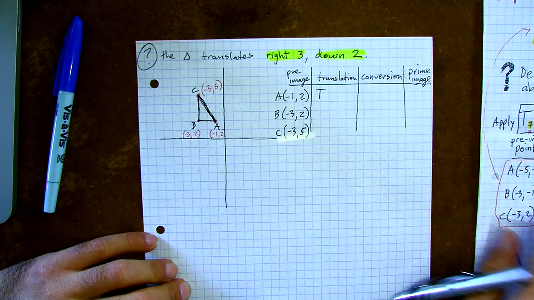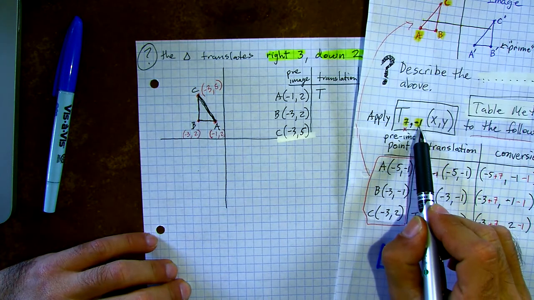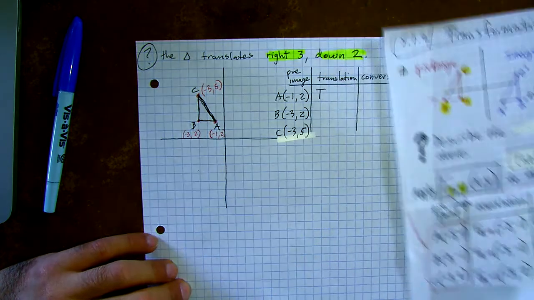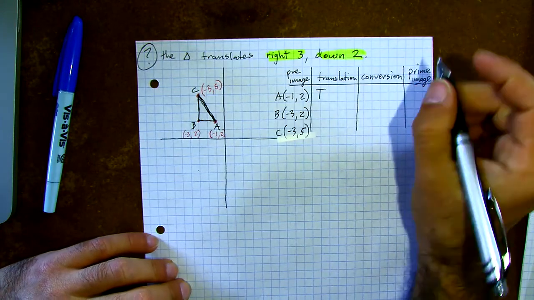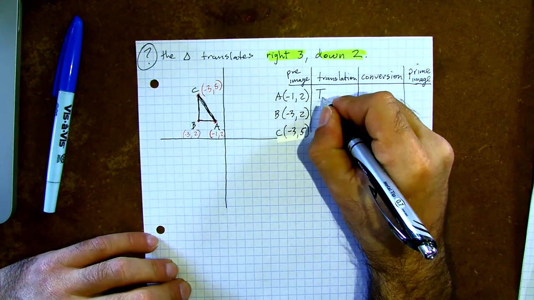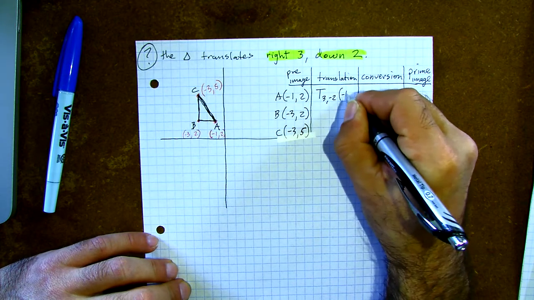Just like over here, remember, we had an example. We had T goes to the right 7 and down 1. So T 7, negative 1. But what's this one going to be? To the right 3 and down 2. Thank you, Jacqueline. That's perfect. 3, comma, negative 2. And we're going to apply that to negative 1, 2.